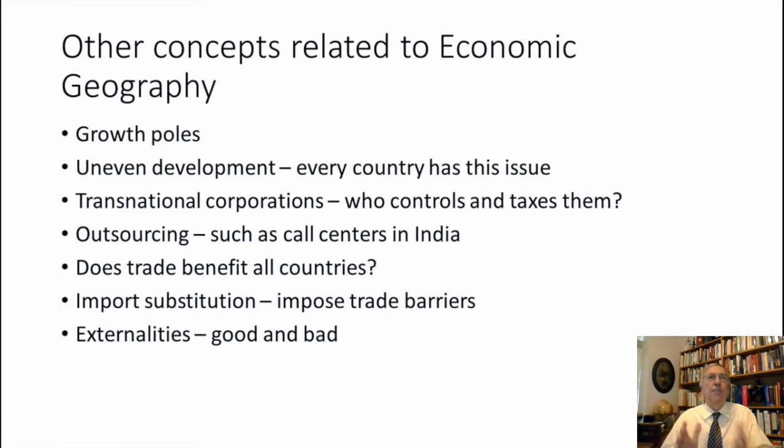This ties back to the language maps we talked about. Places like India, and Jamaica is another, where people speak English. That's a big advantage in call centers, because a lot of your customers are Americans who want to speak English.